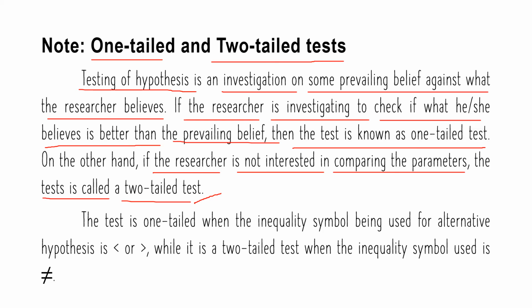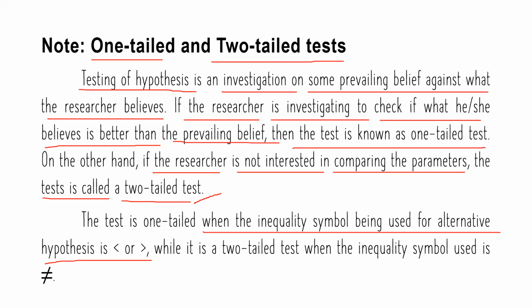So the test is one-tailed when the inequality symbol being used for the alternative hypothesis is less than or greater than. In our previous video lesson, I mentioned that whether it is one-tailed or two-tailed depends on the symbol that we use in your alternative hypothesis.